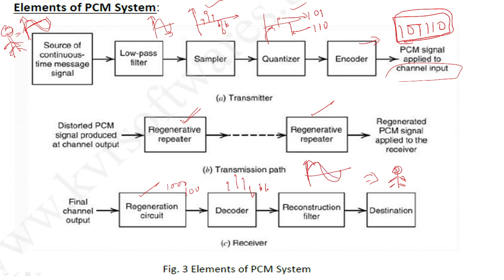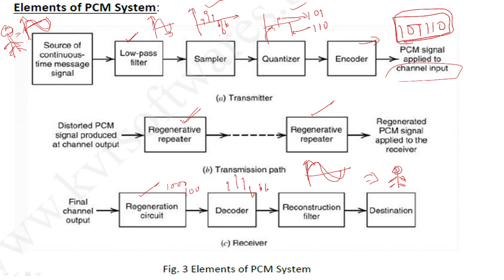So this is the process going on in the PCM, pulse code modulation system. Initially we transmit, just as an assumption, one image converted into analog, and the analog signal is filtered, allowing only our required frequency.